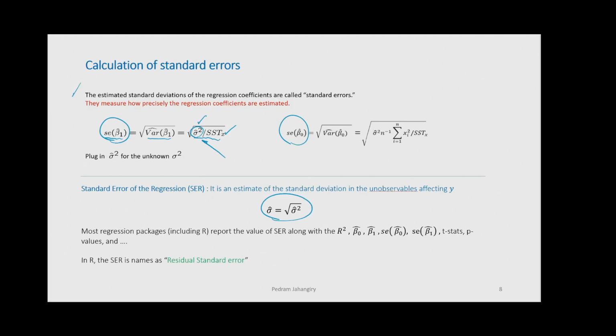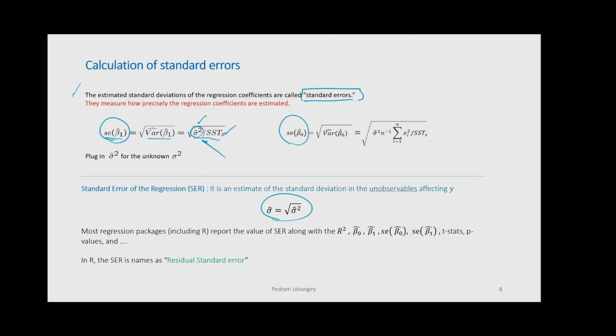The estimated standard deviation of the regression coefficient is called standard error. Again, this is another subtle thing: there's a good chance that wherever you learned statistics, you were not paying attention to the difference between standard deviation and standard error, and people use these terms interchangeably.